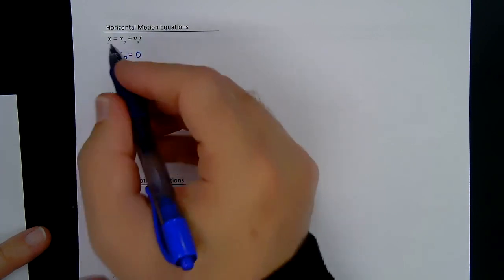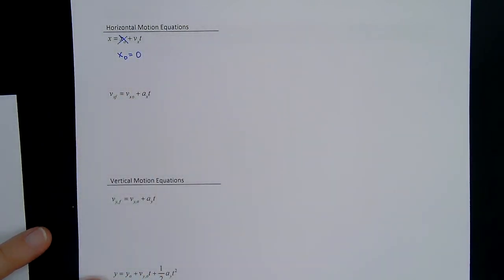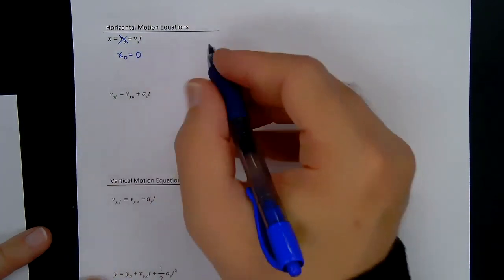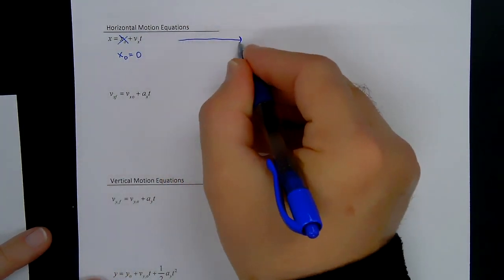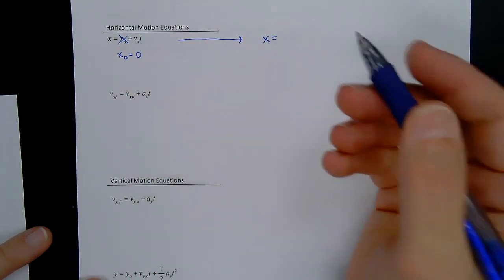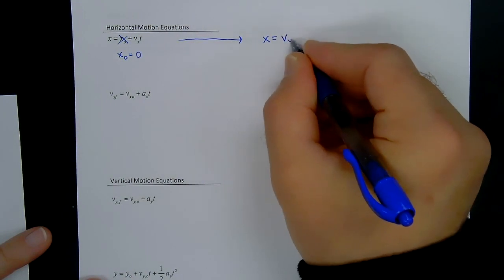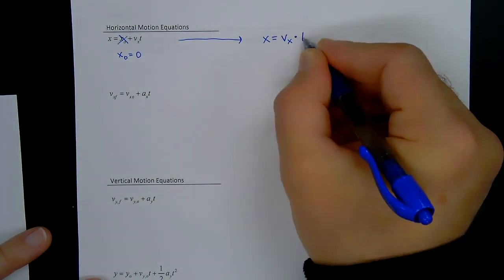So really we can cross this out. It's not going to play a part in our equation. So really what happens is this equation becomes x, the horizontal distance it travels, is equal to the velocity in the x direction times time.